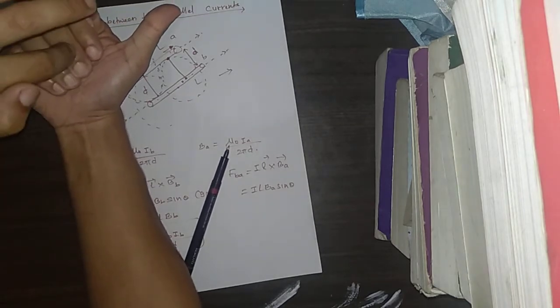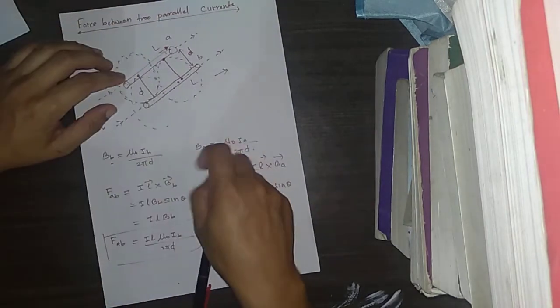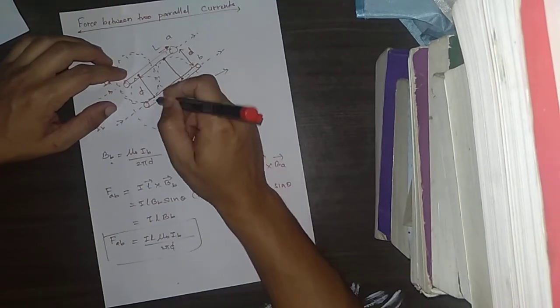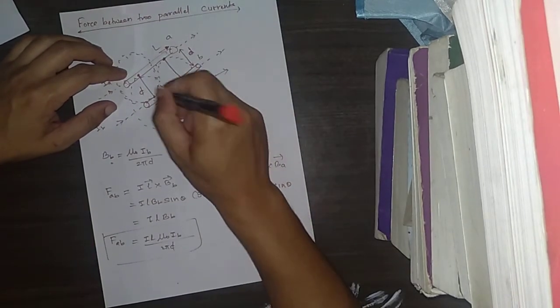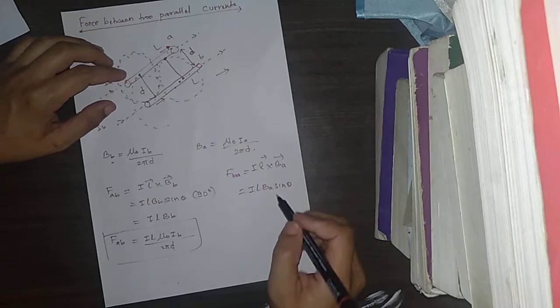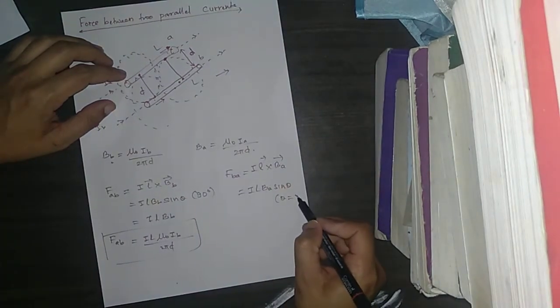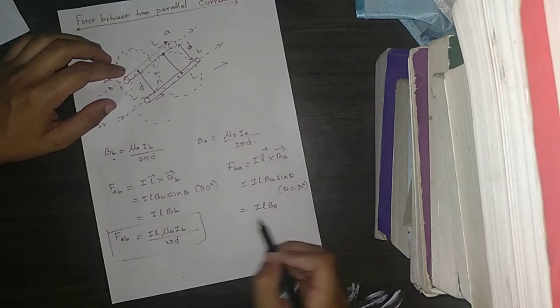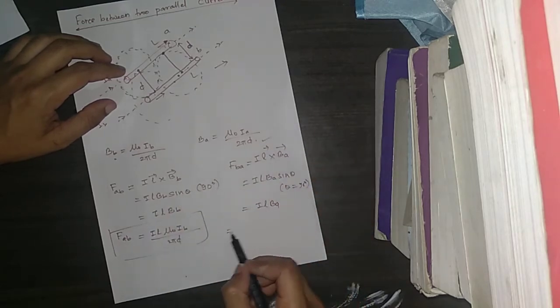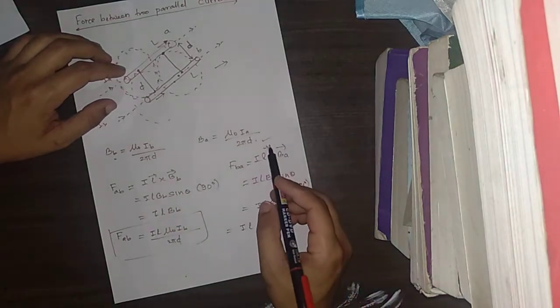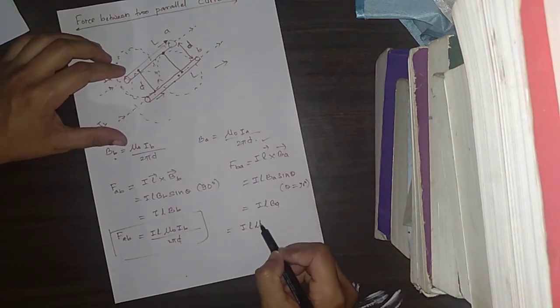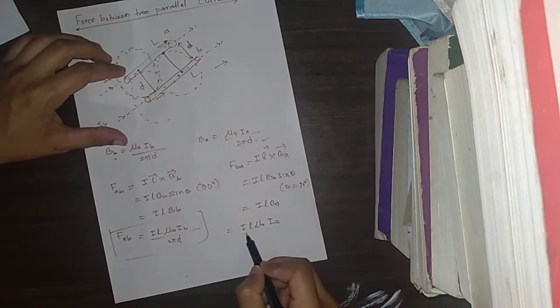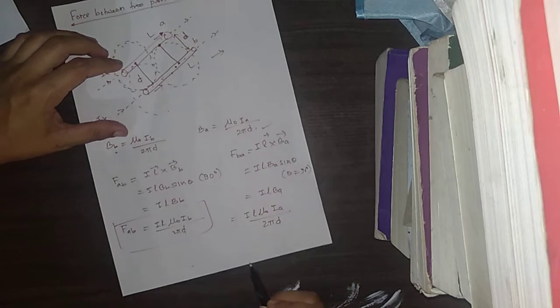So at this point the magnetic field is downward and the length is directed in this direction, so they make 90 degrees. That means it will be I L BA, where BA is mu 0 IA divided by 2 pi d.